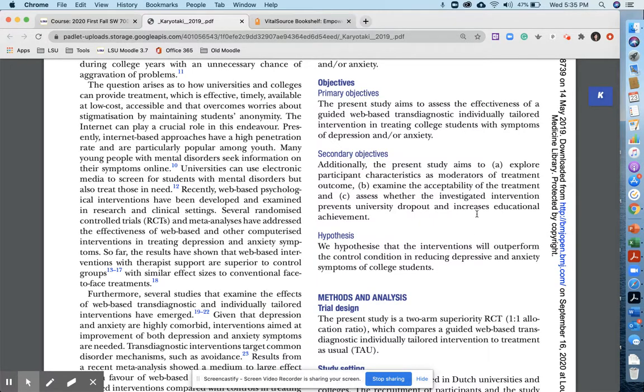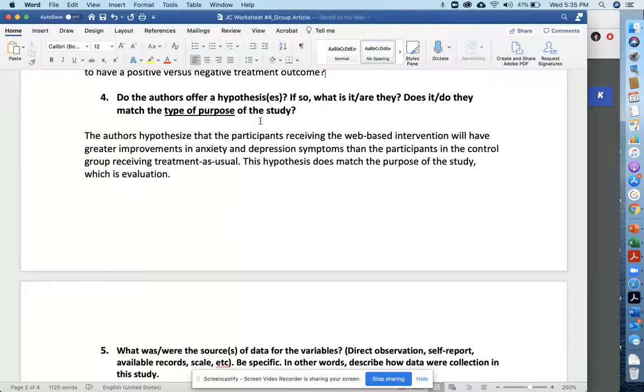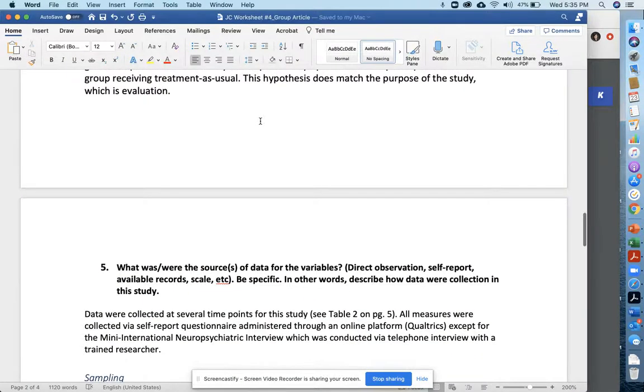All right, let's switch back over to our questions. Next, we're asked, what were the sources of the data for the variables? So this question is asking about data collection. How did they collect the data from the participants? In this particular study, they had several points in time that they collected data.